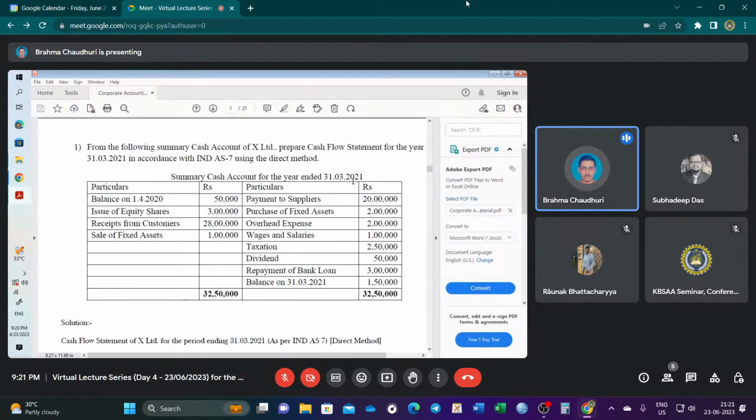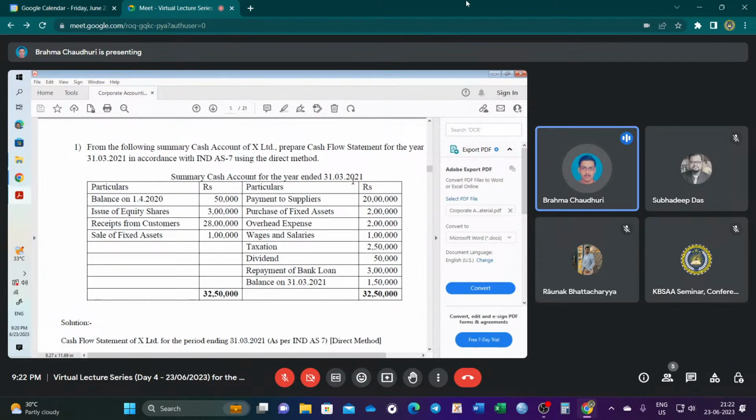If the aggregate of the net cash flows from operating, investing, and financing activities, along with the opening cash and cash equivalents, matches the cash and cash equivalents at the end of the year given in the sum, then you will know that you have solved the problem correctly.